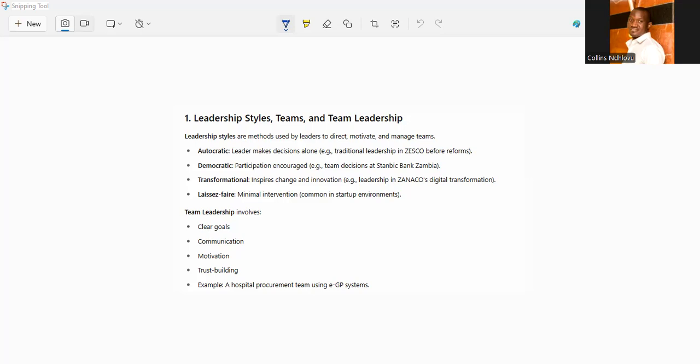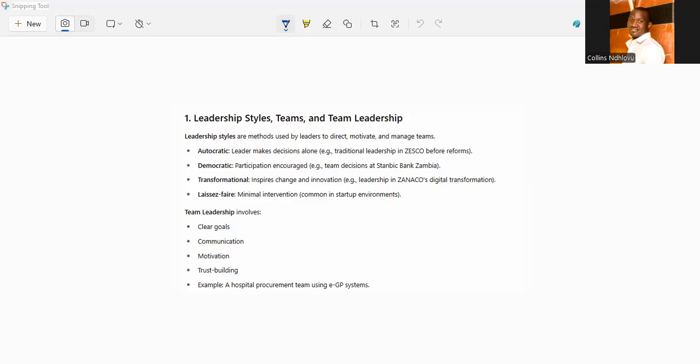The disadvantage is that decision making can be slow, as you involve almost everyone in the decision making process. We also have the transformational leadership style, where leadership is mainly focused on inspiring and motivating employees to achieve extraordinary outcomes. Here we're looking at developing their own leadership capacity.